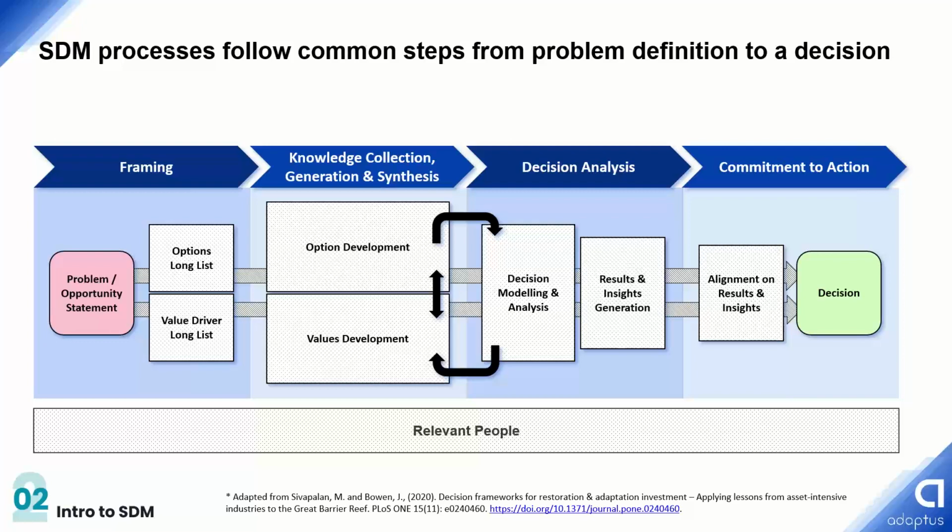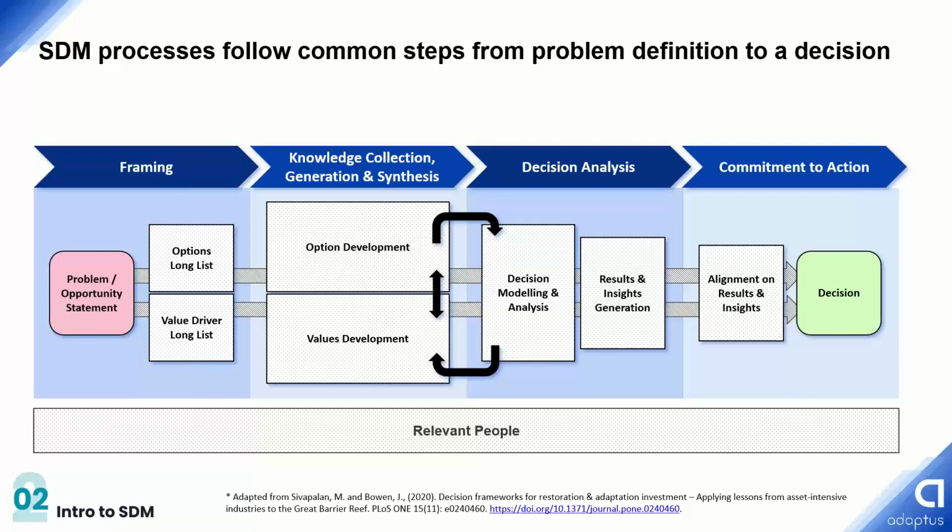Now, structured decision making is very much a framework, and there are multiple different processes that adhere to structured decision making principles. But typically, most of what exists in terms of existing processes and methodologies aligns to a set of four key stages.